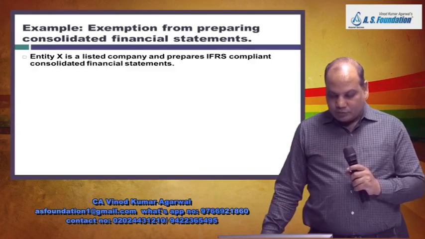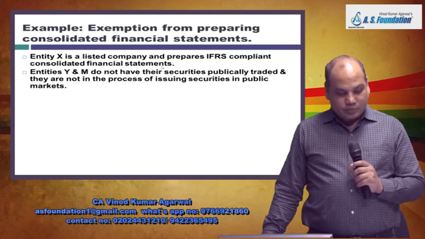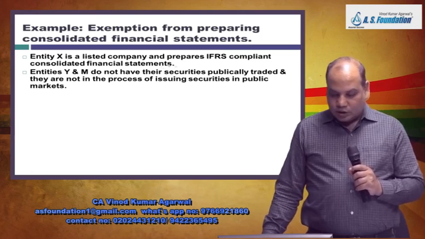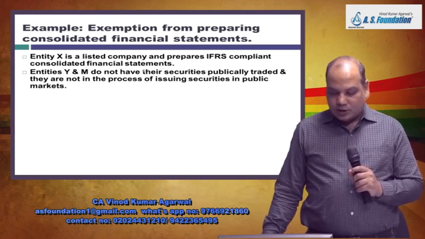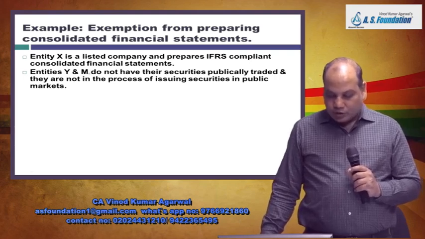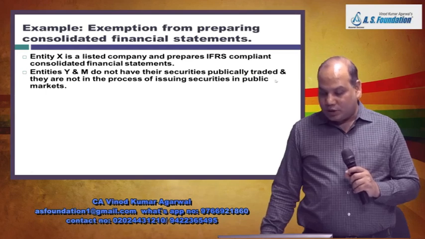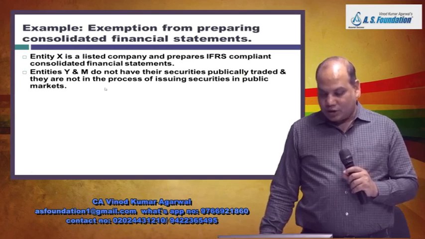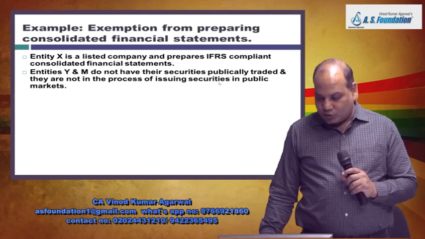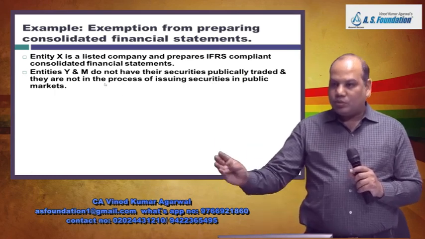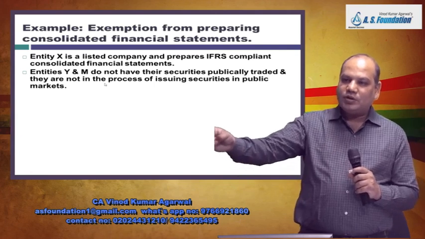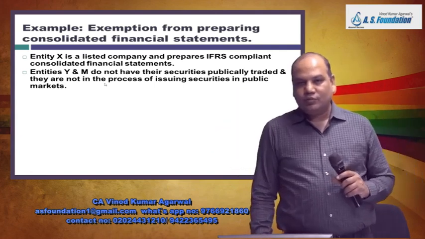It says entity X is a listed company and therefore it prepares IFRS compliant CFS, no problem. Entity Y and M do not have their securities publicly traded and are not in the process of issuing securities in public market. So condition number 2, 3, 4 has got satisfied. What was 2?